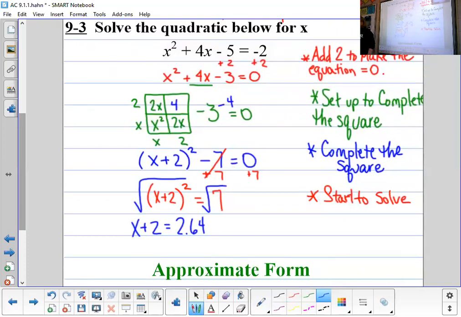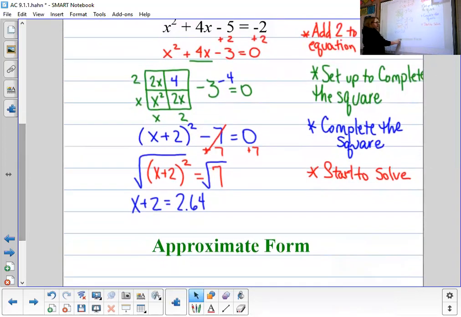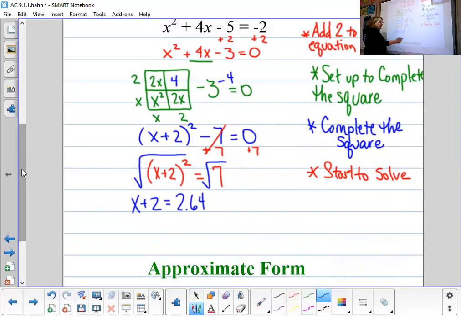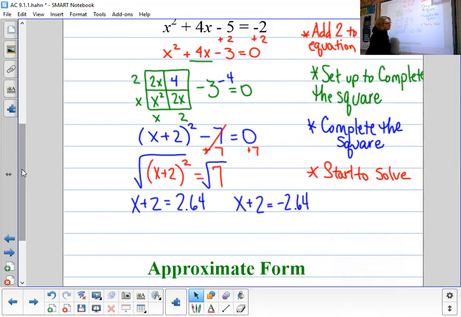So this means if I square 2.64, I'll get 7. What other number squared would give me 7 though? Because I'm going to get 2 answers here. What other number would give me 7 when I square it? How about negative 2.64? So when you're doing this, don't forget to do the positive version of the square root and the negative version of the square root. And that's how you get your 2 answers.